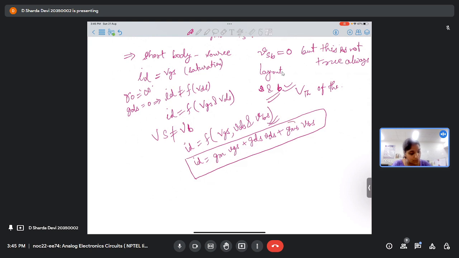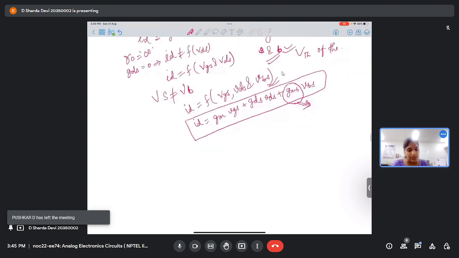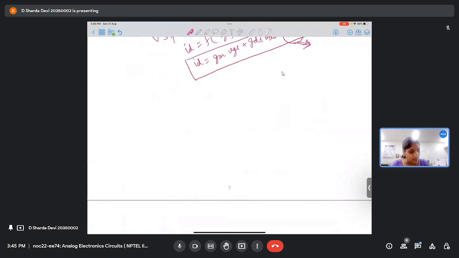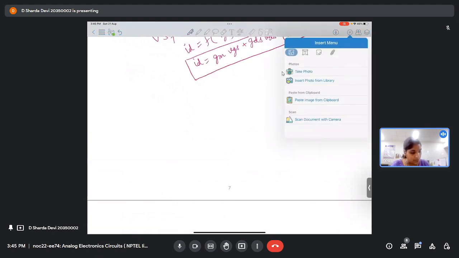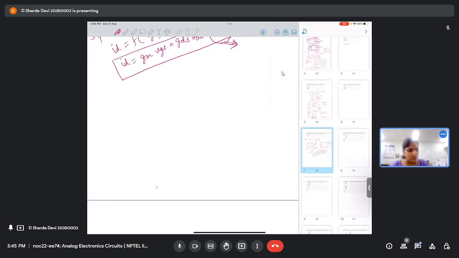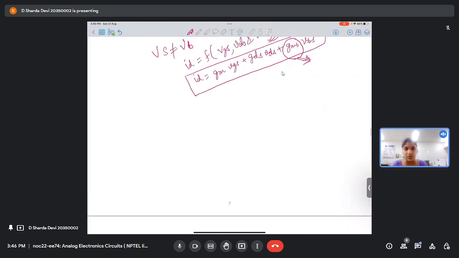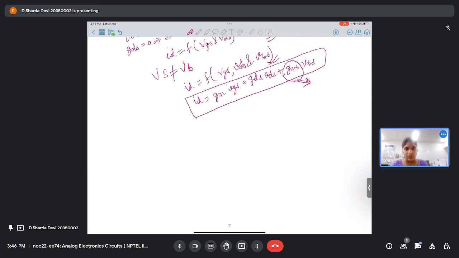So we want to talk about this GMB, how it comes into the picture and what its values are and what range it turns out to be. Let me show you a brief derivation, and we'll talk about all these steps.